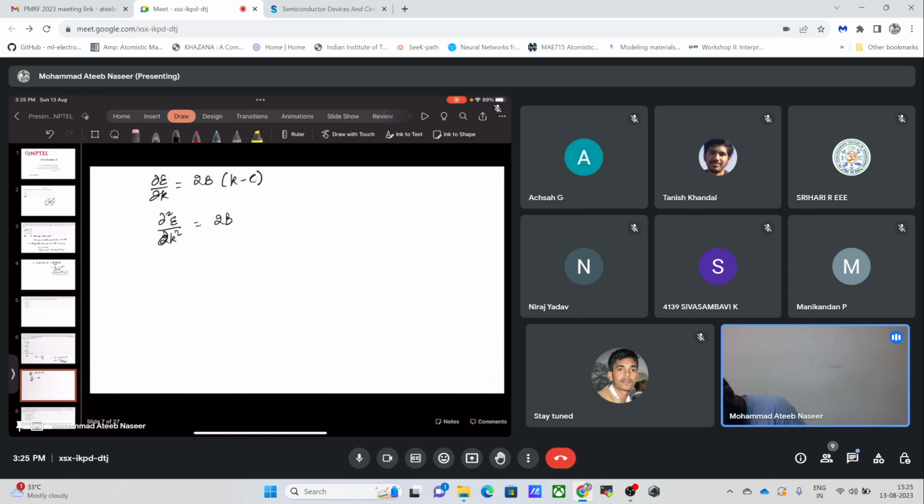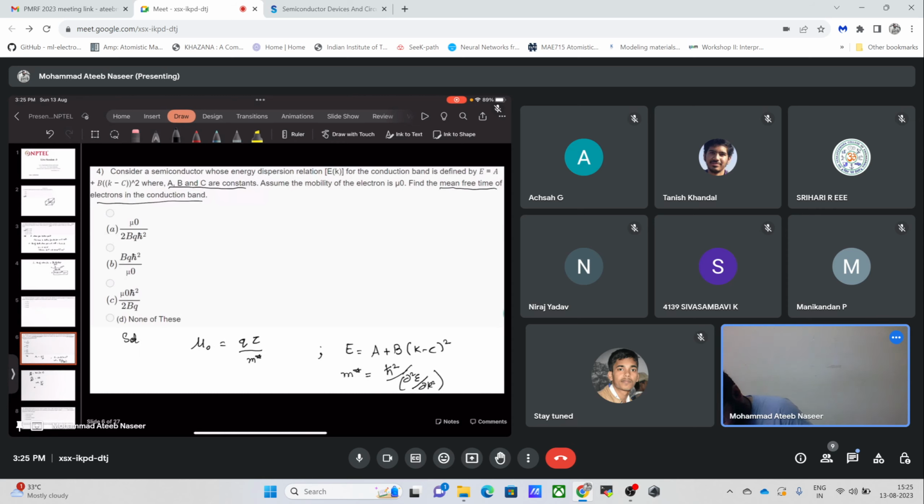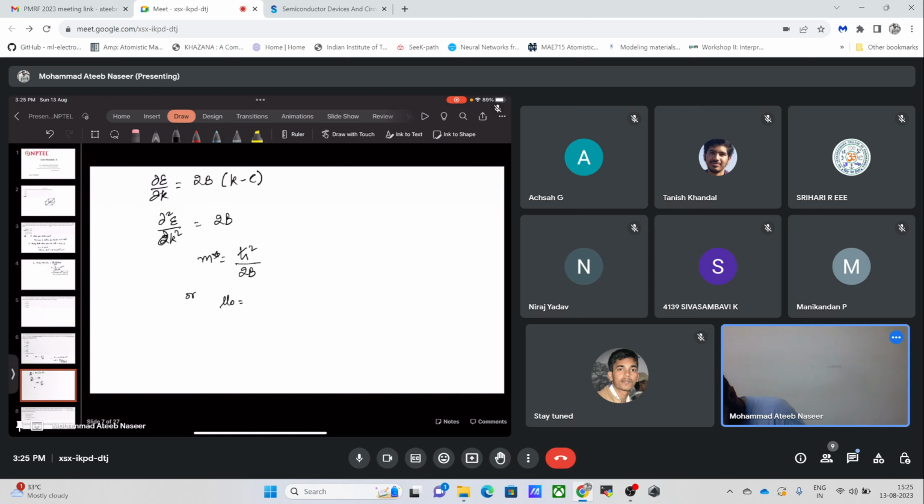Now if I put it in this, m star is given by h bar square by 2b, or simply mu naught equals q tau into 2b by h bar square, or simply tau equals mu naught h bar square by 2qb, which is the mean free time for the collisions.